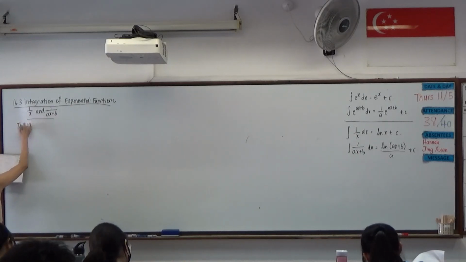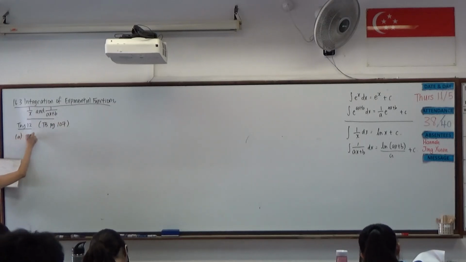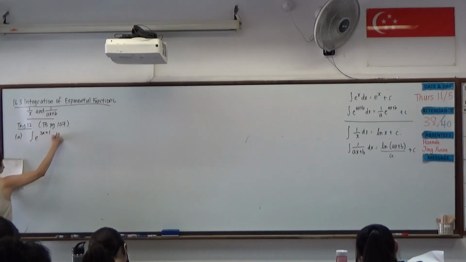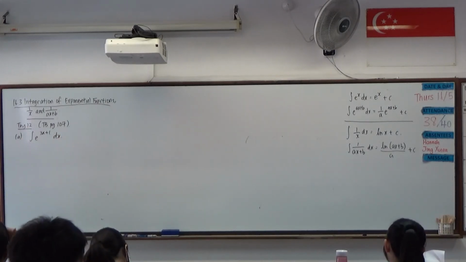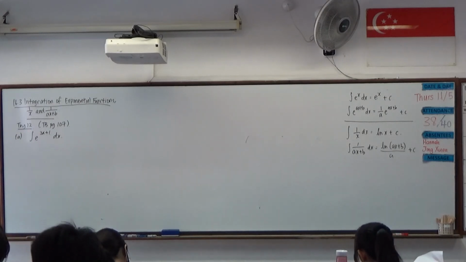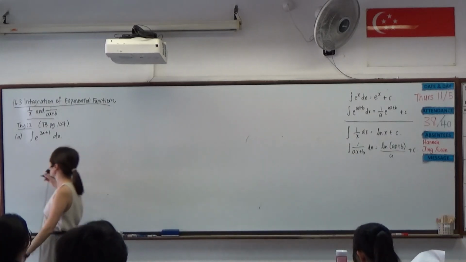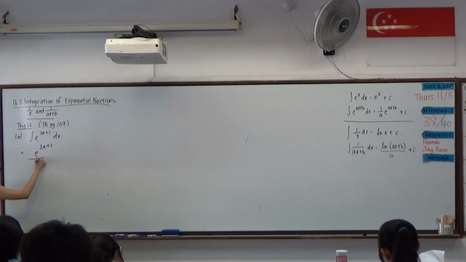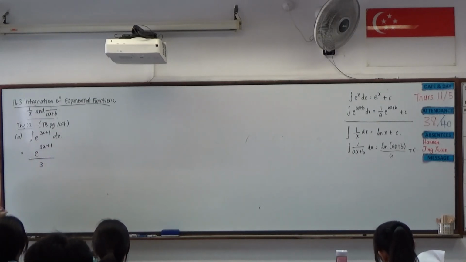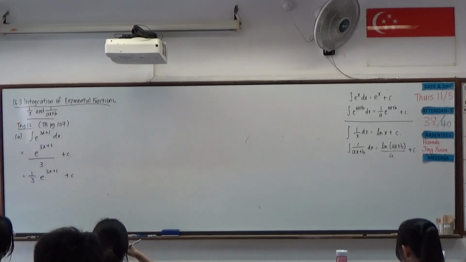So looking at try 12, if we integrate e to the power of 3x plus 1, by applying what we know over here, that will mean that we keep the function, e to the power of 3x plus 1, followed by dividing by 3, the coefficient, and not forgetting plus c. Perfectly fine if you want to express it in this manner as well. Either way is right.